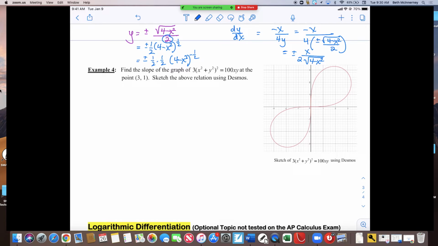So one of the reasons why I like implicit differentiation is it's challenging, but it is so satisfying when you're done and you get it. Like that to me feels fabulous.